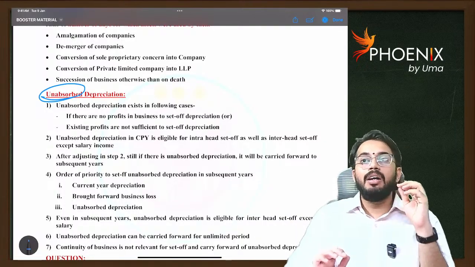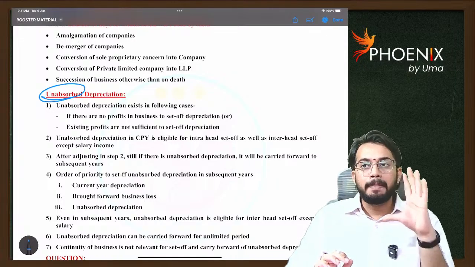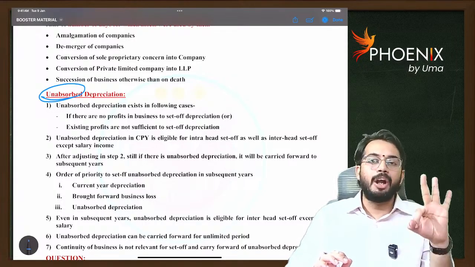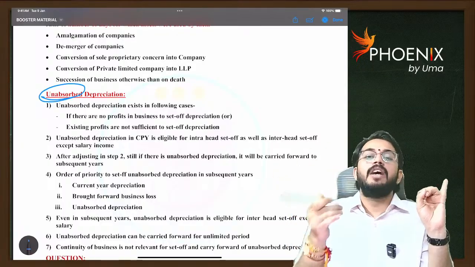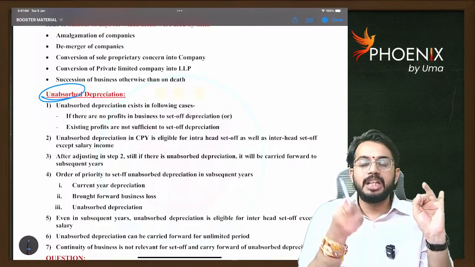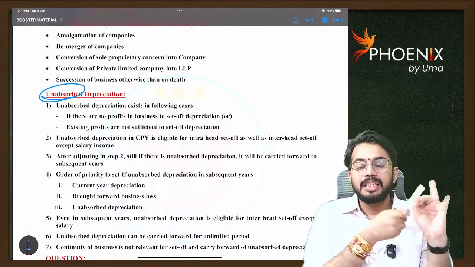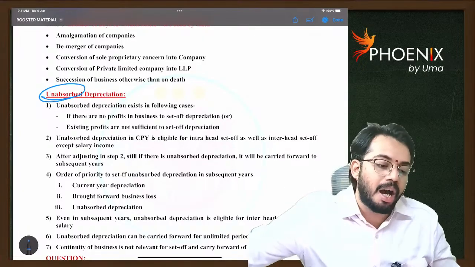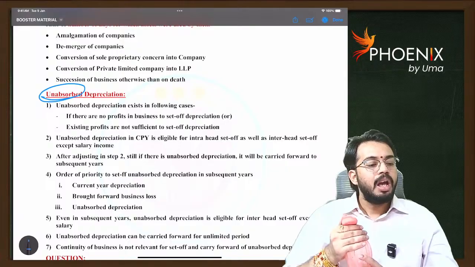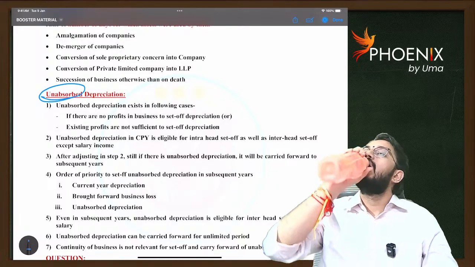That means brought forward unabsorbed depreciation is the third priority. So next year net profits came. Against those net profits, first you will set off next year depreciation, second you will set off brought forward losses, third you will set off brought forward unabsorbed depreciation. Are you able to understand? I hope, Saket, you are following.